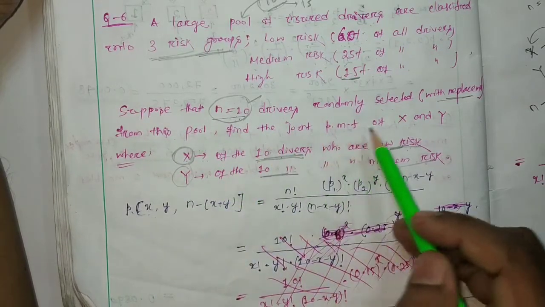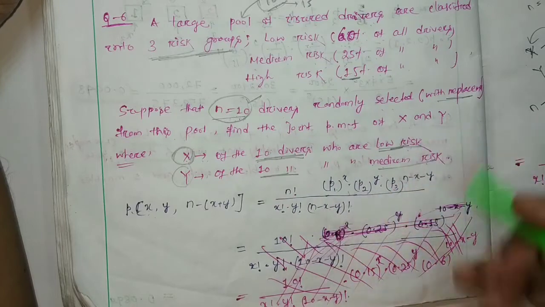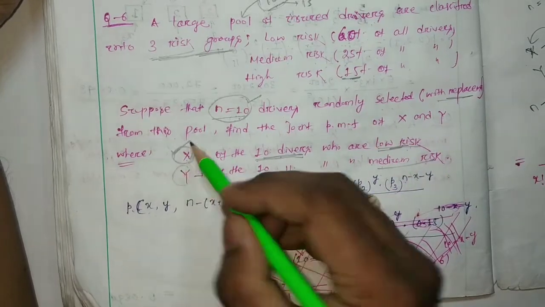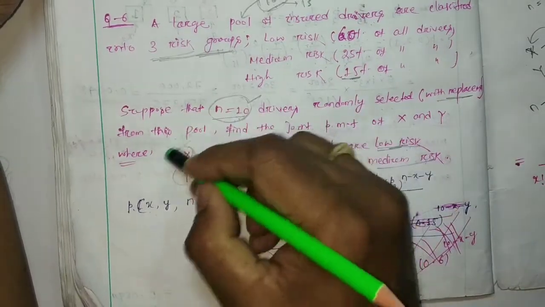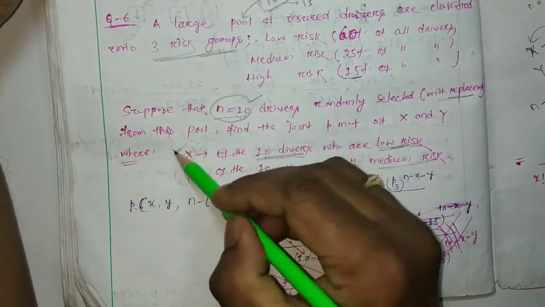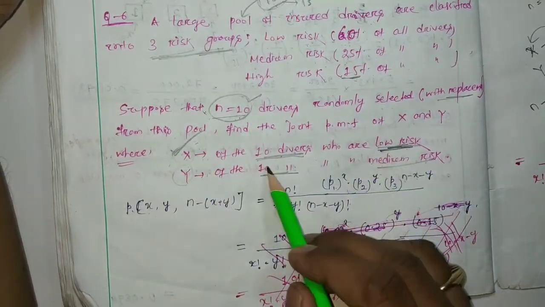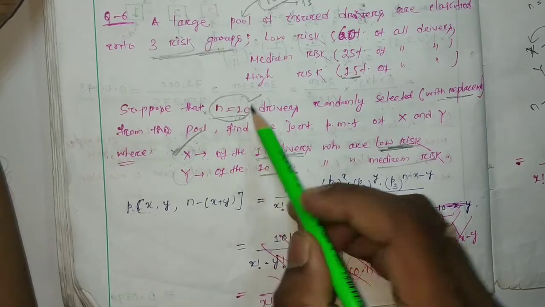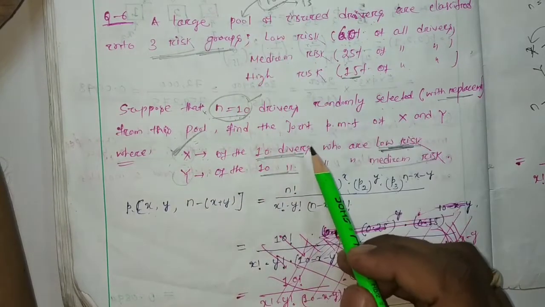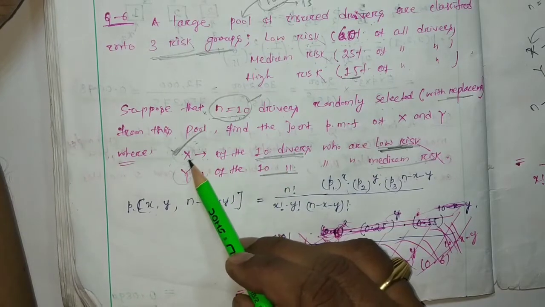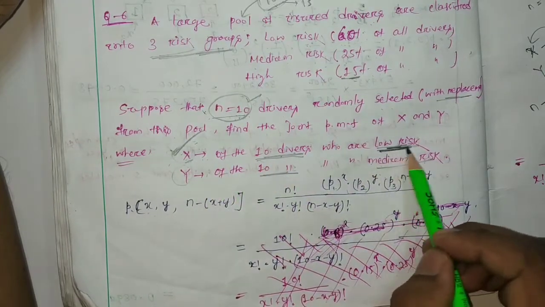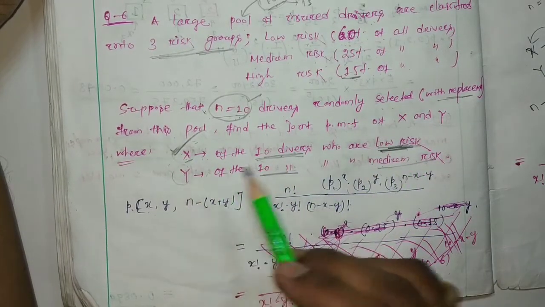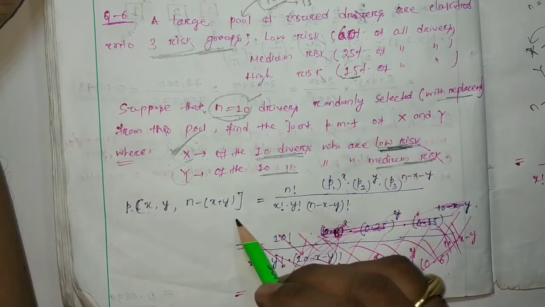Find the joint PMF of X and Y, where capital X represents the random variable which belongs to low risk among the 10 drivers. Whatever 10 drivers we have selected from this pool, X represents low risk drivers, Y represents the random variable of medium risk.